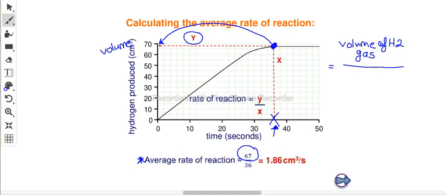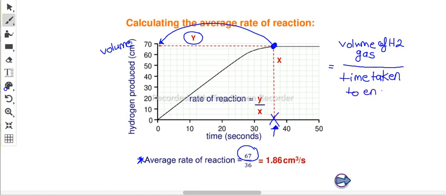in order to finish. So remember, you're going to take the volume of hydrogen gas and you're going to divide it over the time taken to end the reaction.